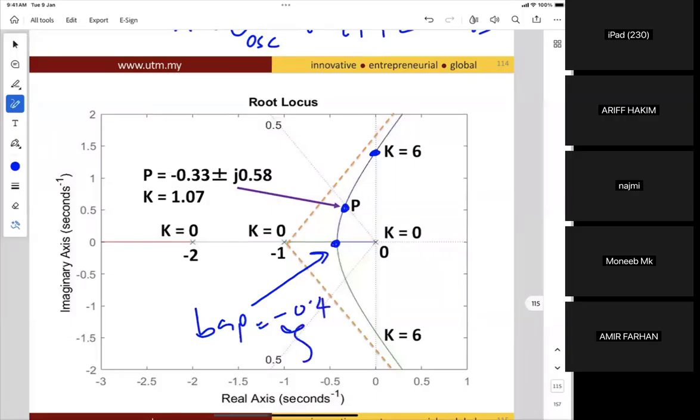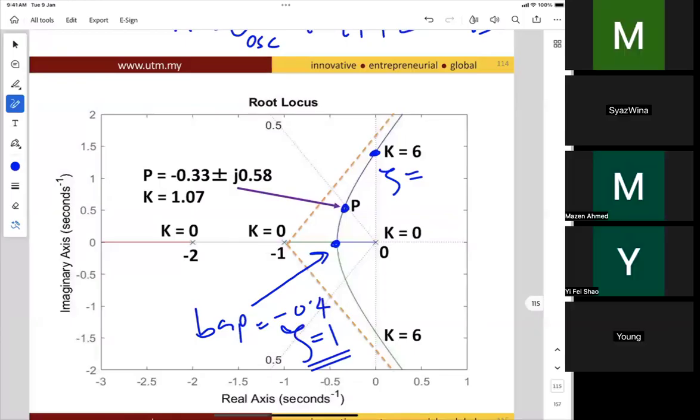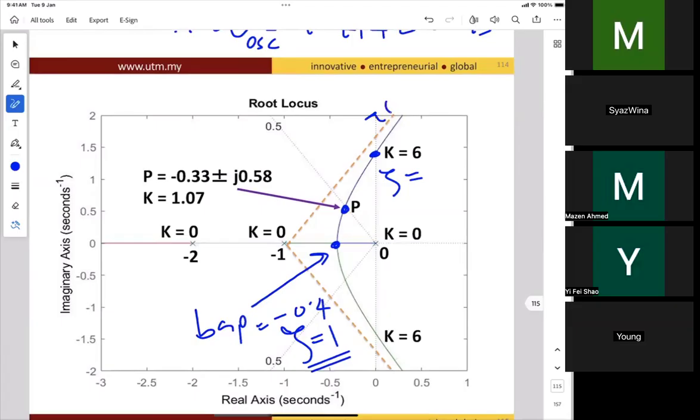And the value over here is zeta equal to 1, damping ratio at breakaway point. What is the damping ratio over here when K equal to 6? At the J omega crossing, the gain K is 6.